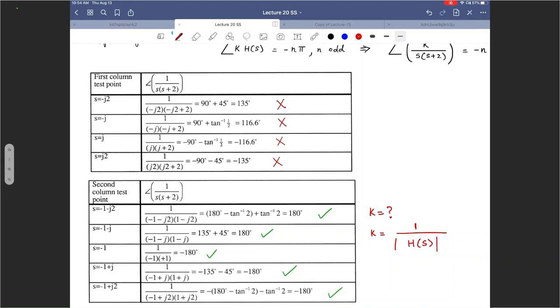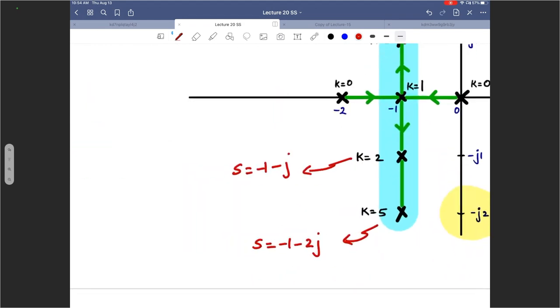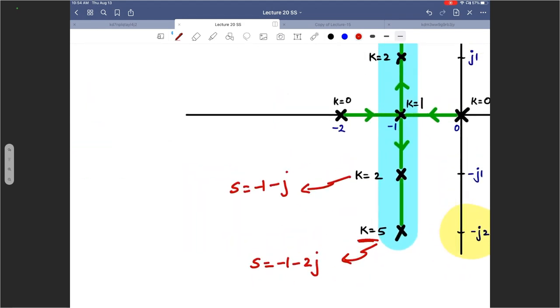But you would have to evaluate this at, say, for example, this point, -1, -2j. Using the magnitude criteria, you can find the value of k for each of those points, and based on our discussion, that point should be k equals 5, right?